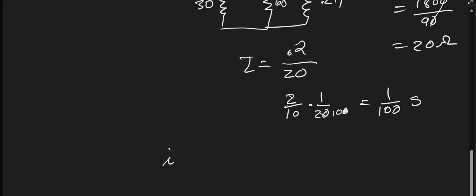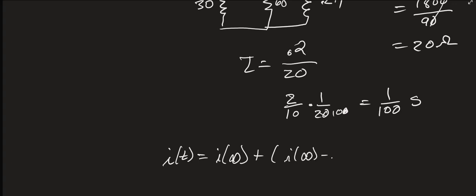Okay, so I know the current at time t is the current at infinity plus the current at infinity minus the current at 0 times e to the minus t over tau.